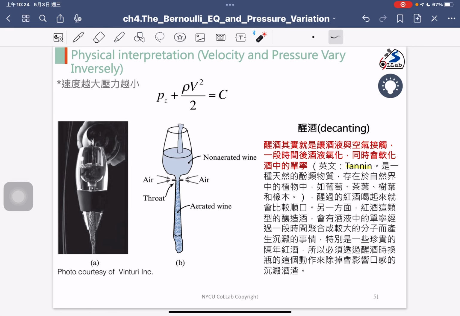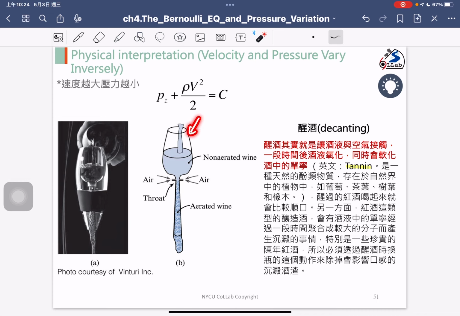So the idea is, can we speed up the mixing of the wine with the air? If we can, we can do the decanting very quickly. So that's the idea. We design the decanter here, and you can see there is a small hole.